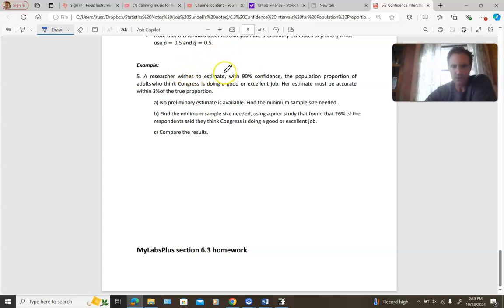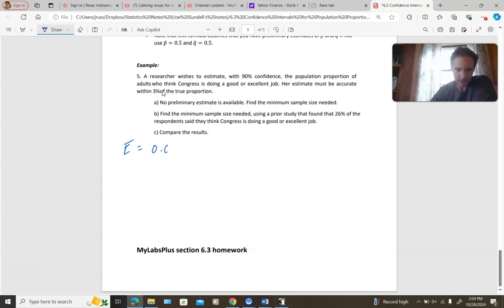A researcher wishes to estimate with 90% confidence the population proportion of adults who think Congress is doing a good or excellent job. Our estimate must be accurate within 3% of the true proportion. So this is the margin of error that we want to use. I'm going to go ahead and write this down.